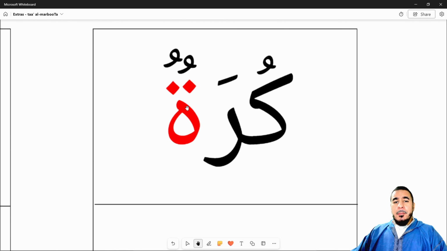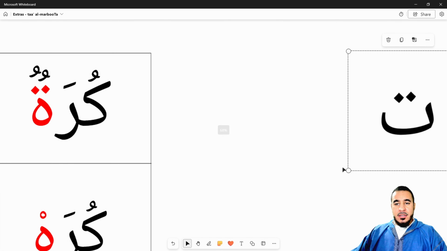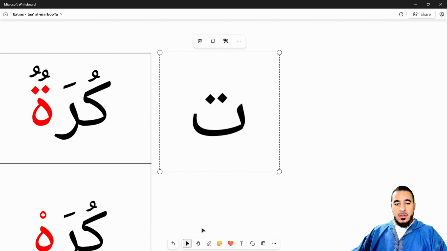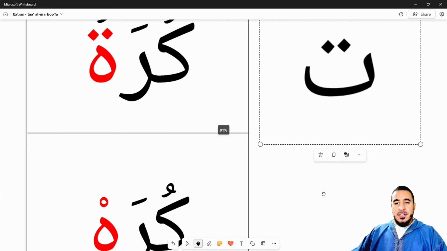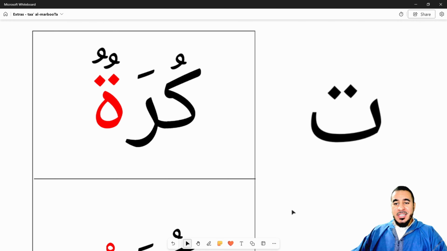So as you can see, the ta marboota is making the same sound as if it was a normal ta, but it's been tied up. Let's bring the ta that we're aware of closer. Here we can see the normal ta that we've been looking at already, which is also known as the ta al-maftuha, meaning the open ta.